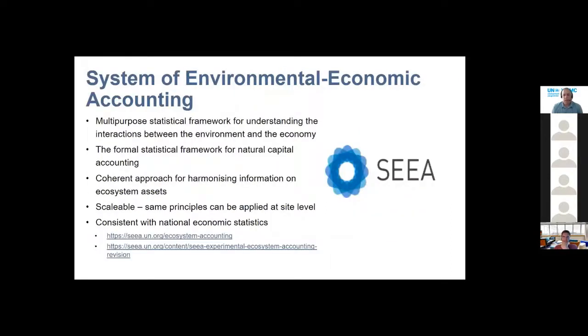Just to highlight the System of Environmental Economic Accounting as a multi-purpose, scalable framework that helps to harmonize different environmental data into some kind of consistent information. So that can be applied subnationally and nationally, and there are some links to the framework here at the bottom of the slide.